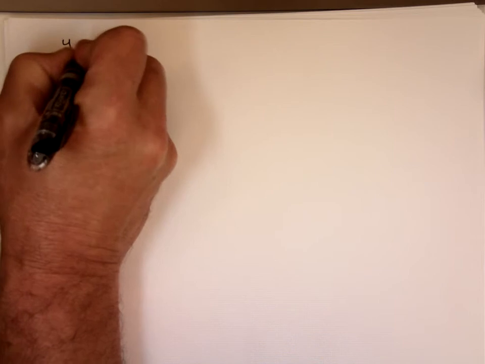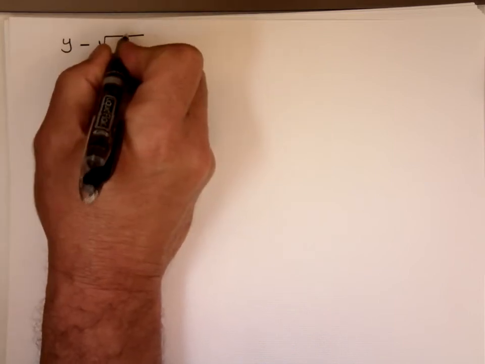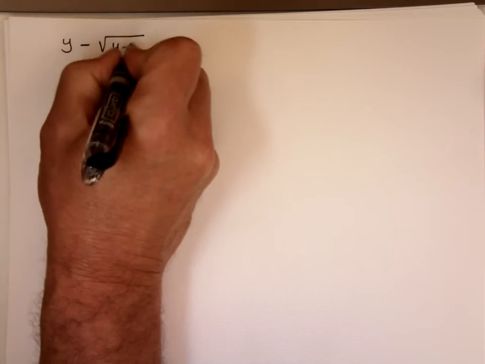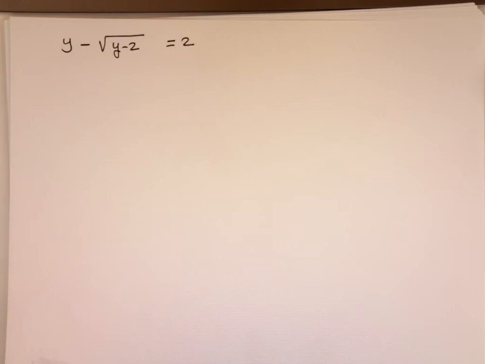Okay, let's make them a little bit bigger. y minus the square root of y minus 2 equals 2. Again, just like before, you want to isolate the square root. You can move them any way you want to.